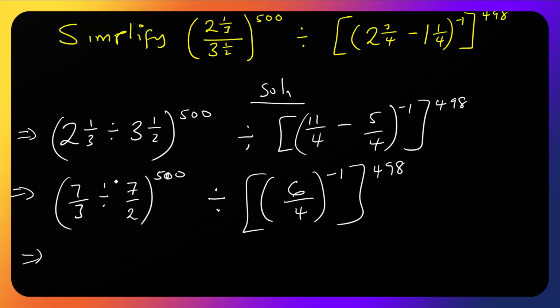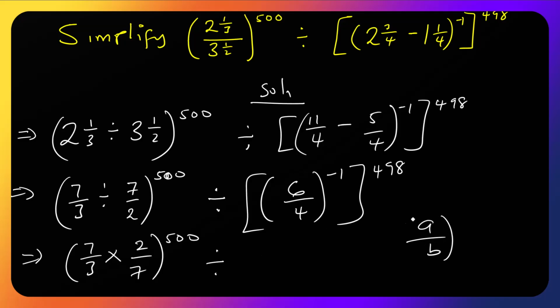And we can change this one. So 7 on 3 times 2 on 7 raised to 500 divided by. So when we have a on b, all raised to -n, the same as b on a, all raised to n.